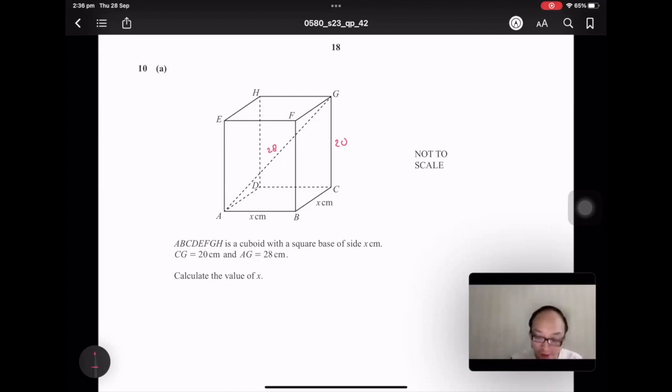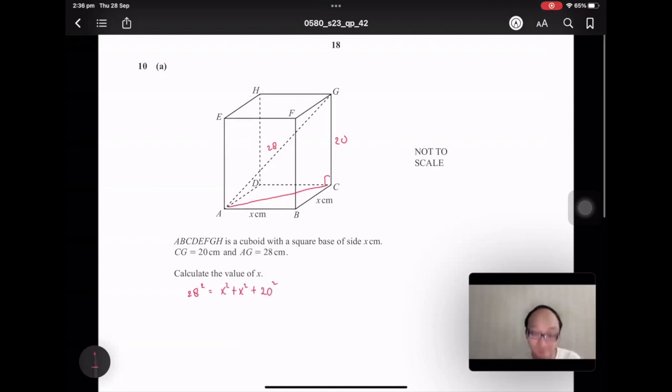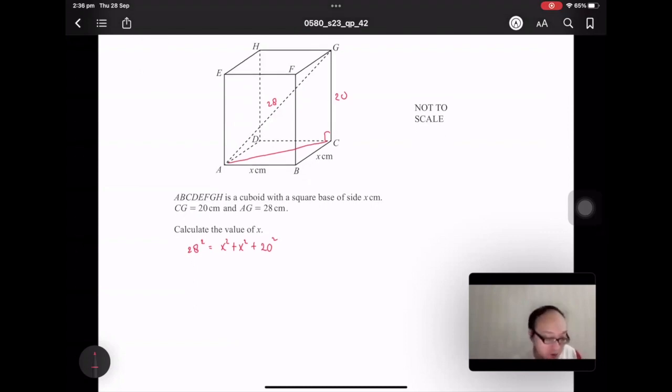So this is a right angle triangle, so we can just do the Pythagoras. So 28 squared equals x squared plus x squared plus 20 squared. So 784 equals 2x squared plus 400.